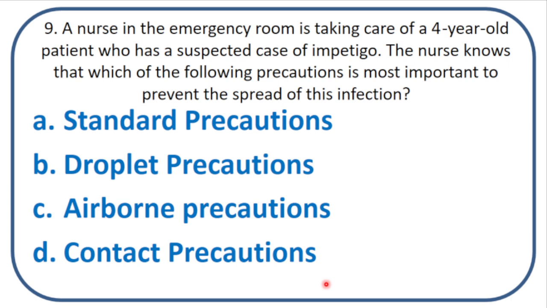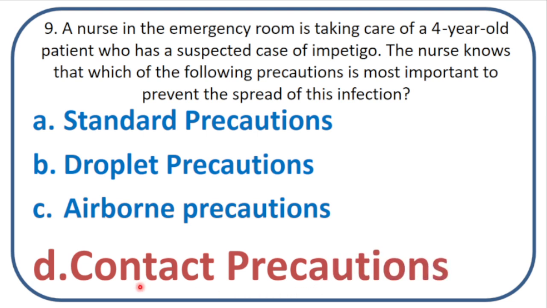Impetigo is an infectious skin condition that is mainly spread by skin-to-hand contact or indirect contact of the skin with other surfaces. So the best preventive measure is contact precautions.